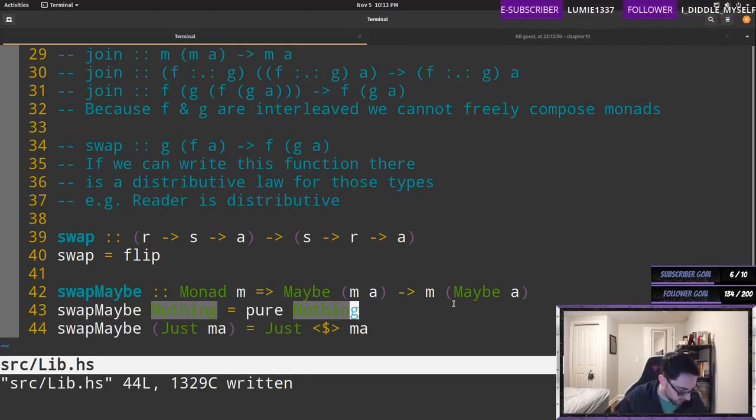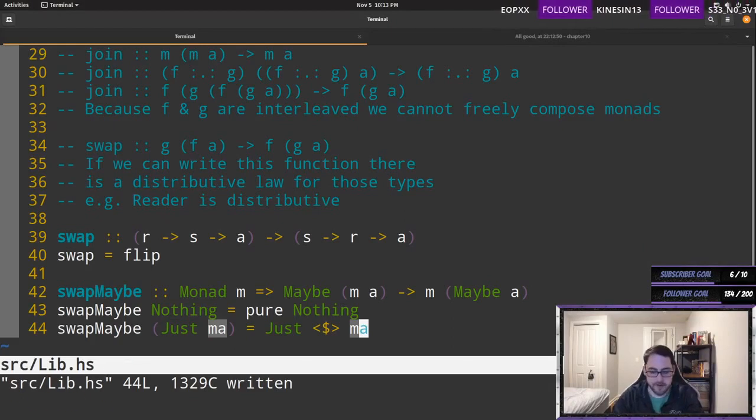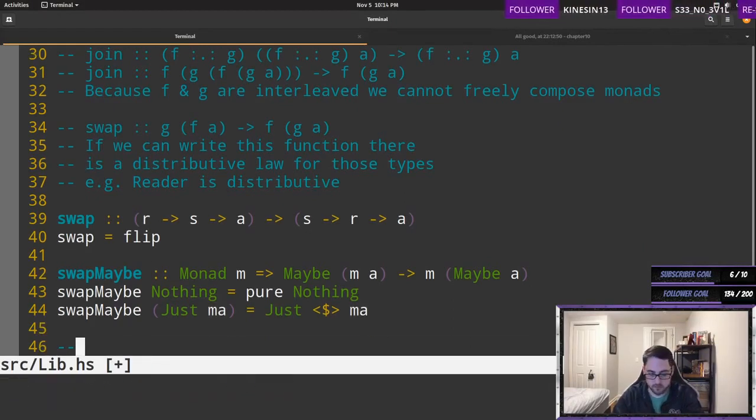Okay, so the writer monad admits a distributive law with any other monad, from writer W M to M writer W. Okay, so this is now an exercise. So let me put this up here.